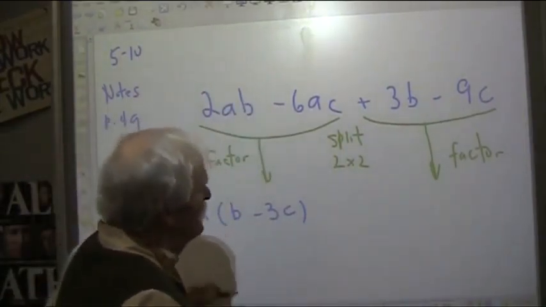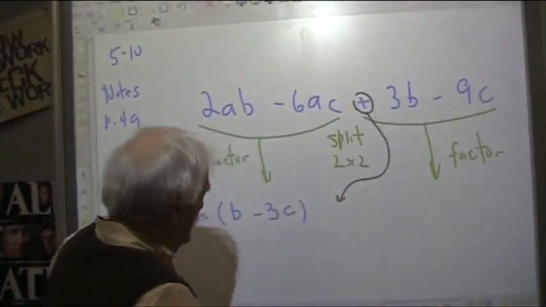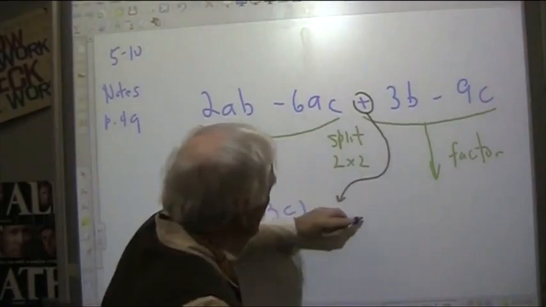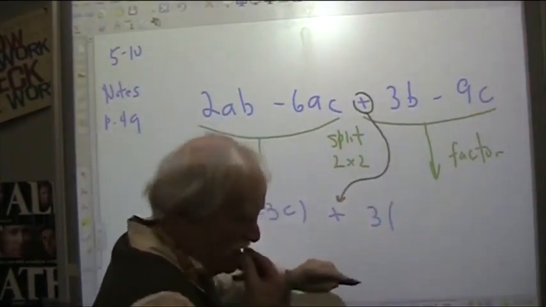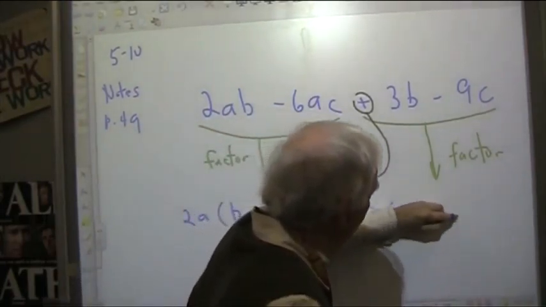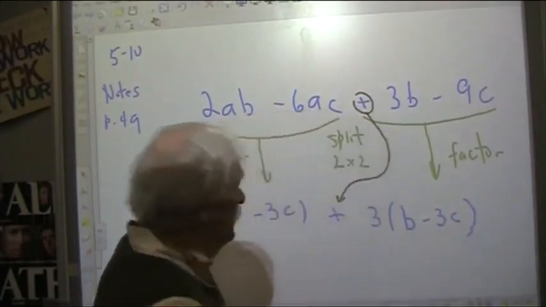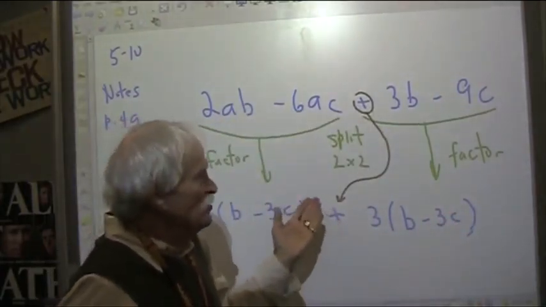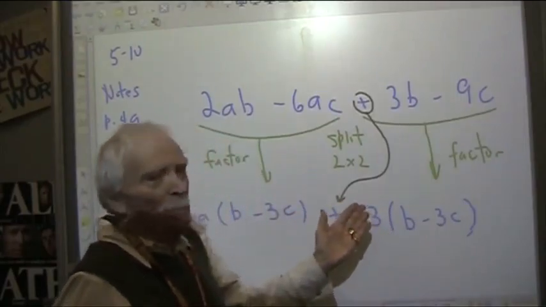All right, now what do we do, ladies? Bring down the sign. So we have a plus, and what's the GCF over there? 3. And residue? B minus 3c. Good, and now we check. It's the sign in front, plus 3 times b is what?